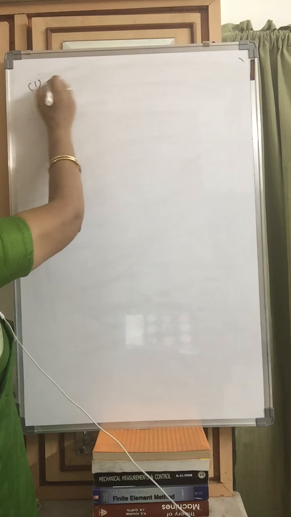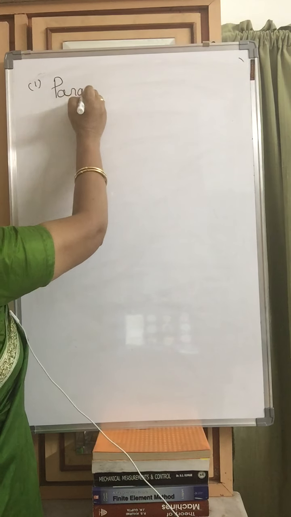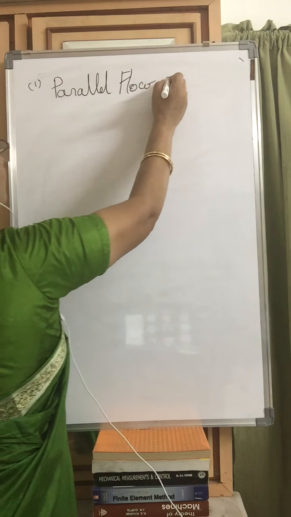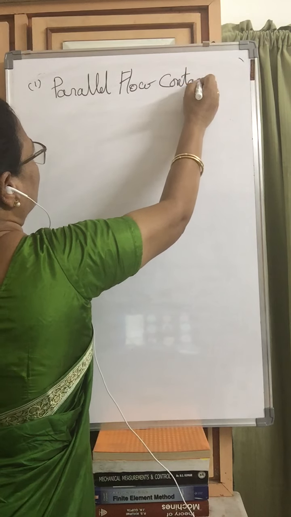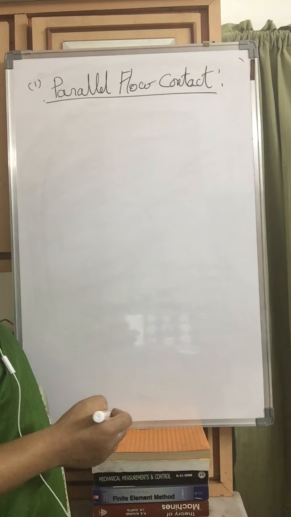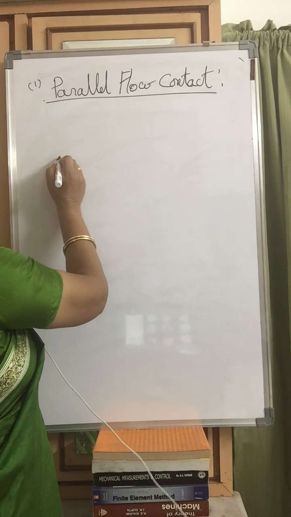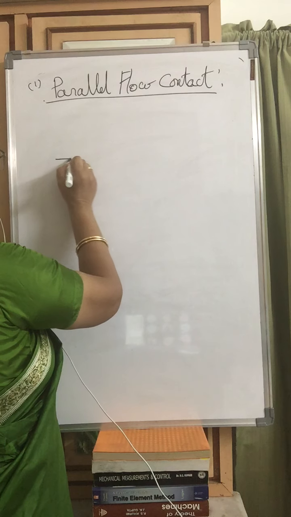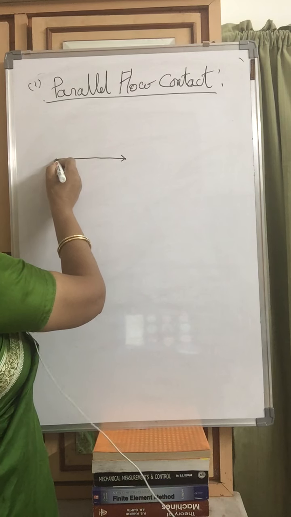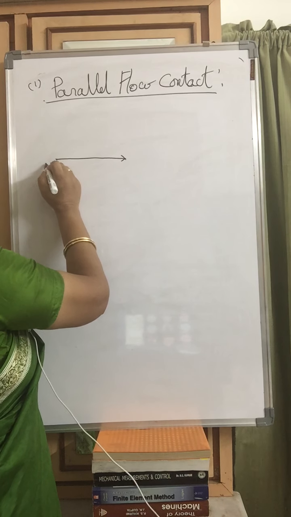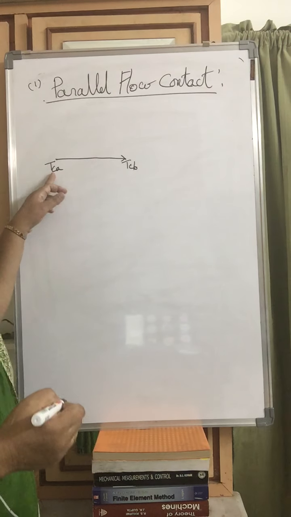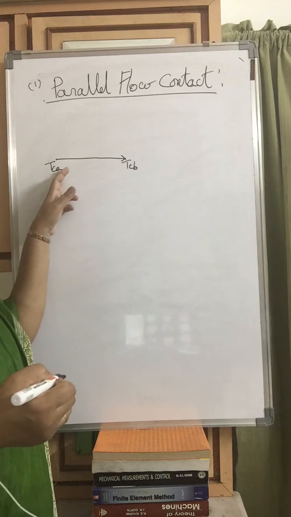First we will see parallel flow. What is meant by parallel flow? For example, this is the entrance of the heat exchanger, DPHE. Then one fluid enters here. Say here TCA, TCB. That means C indicates cold, A indicates entering.